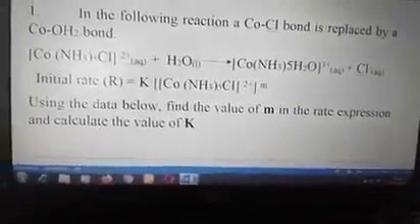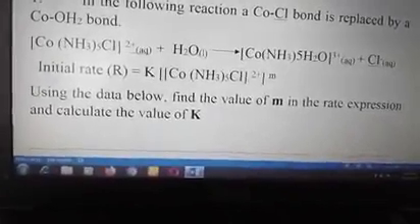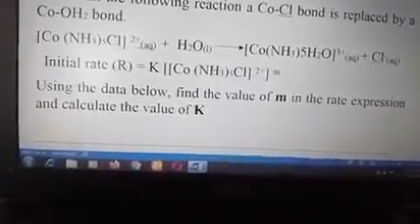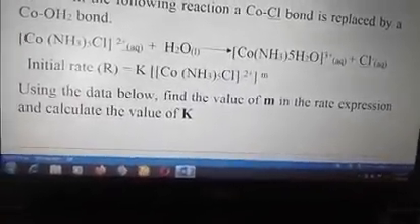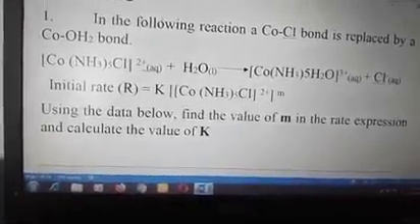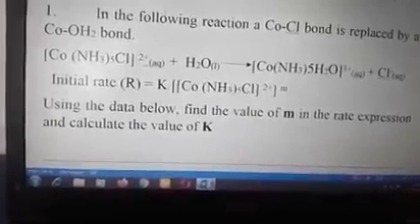And then look at the initial rate expression given to us as R equals constant K multiplied by the cobalt complex concentration raised to power m. Now, if you look at this reaction, it involves two reacting particles, the cobalt complex and water. It's a bimolecular reaction.